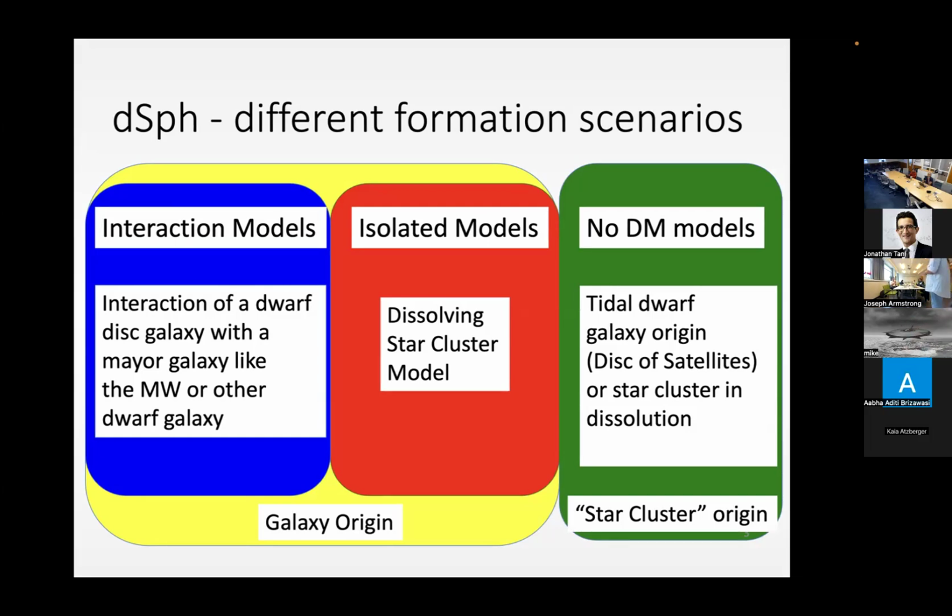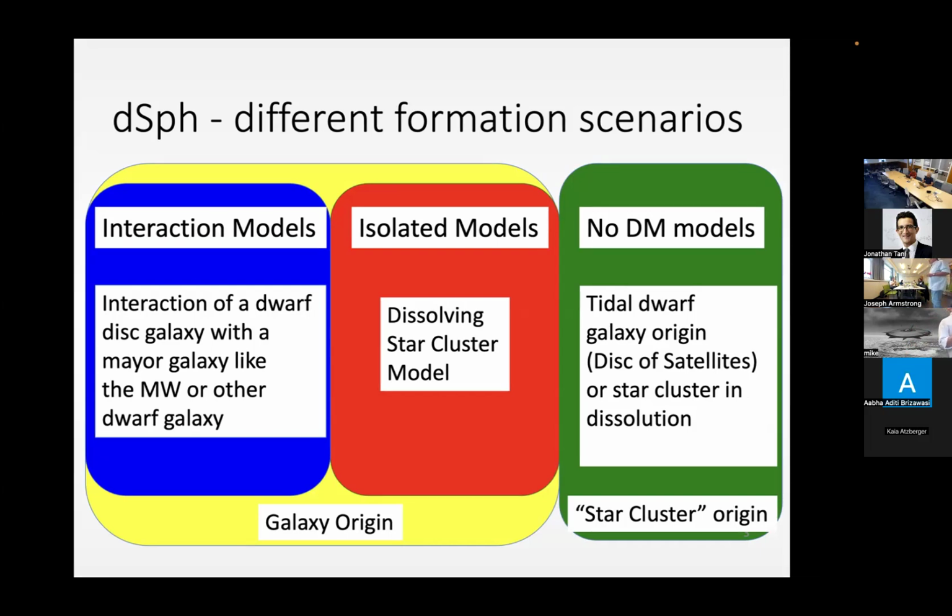and on the other hand, you have the no dark matter models, where you see them as blobs of stars, which are remnants of destroyed star clusters or tidal dwarf galaxies. So objects which formed without dark matter, not within a dark matter halo, as secondary objects after a big interaction of the mother galaxy.